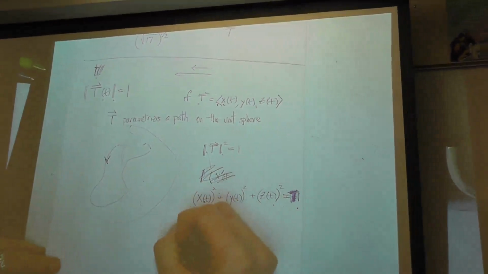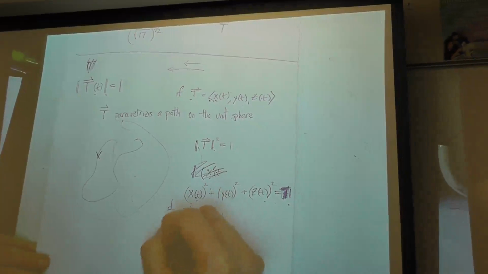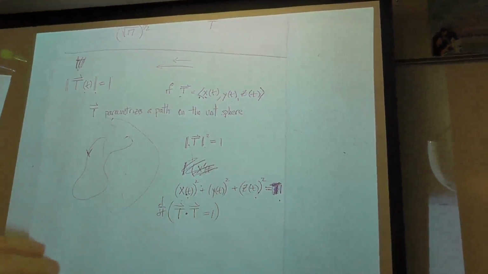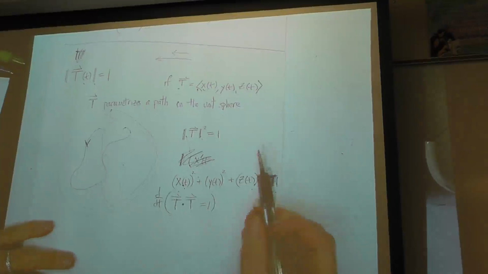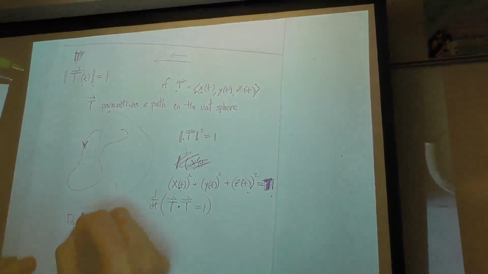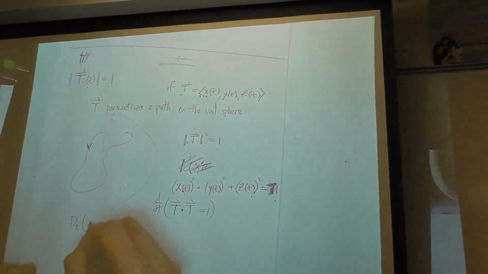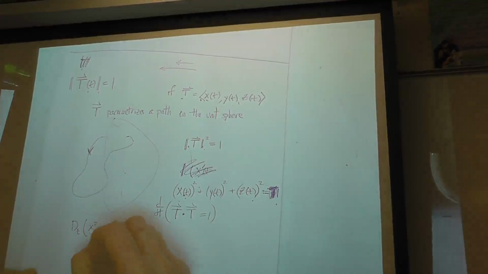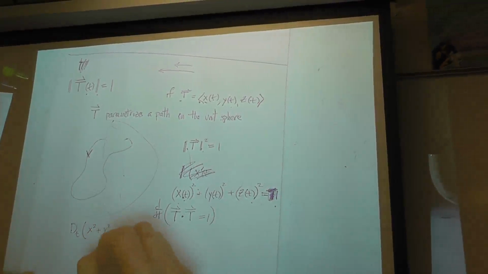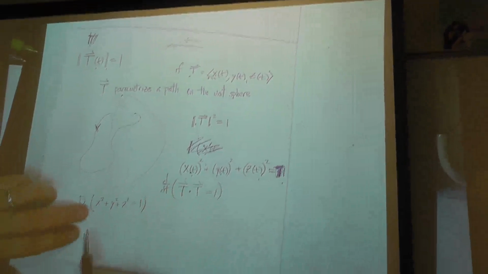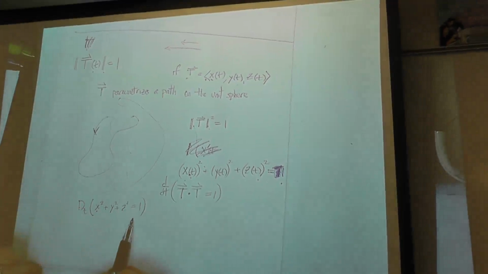Let me differentiate this with respect to t. So basically, I want to differentiate my X squared plus Y squared plus Z squared equals 1. These are all functions of t.